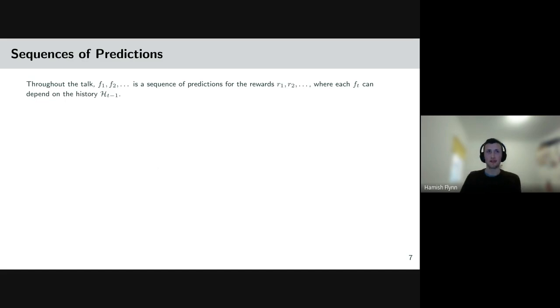Okay, so I'm going to be saying many things about sequences of predictions, f1, f2, and so on, where each f_t can be thought of as a prediction for the reward at time t. Each prediction f_t can depend on the history H_{t-1}. So what are some reasonable choices for this sequence of predictions? Well, since we know that the rewards are generated by a linear function plus some noise, we could fix some parameter vector theta and then set each f_t equal to phi of A_t times theta.